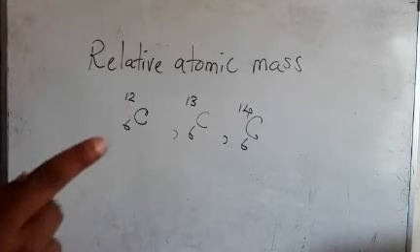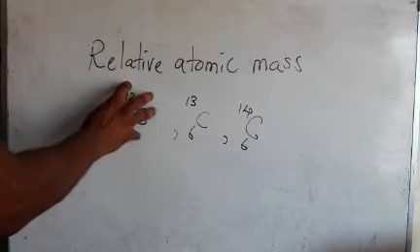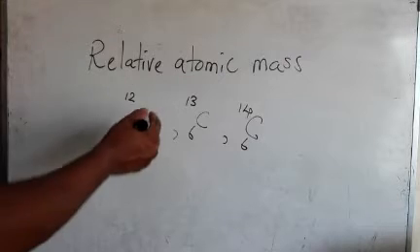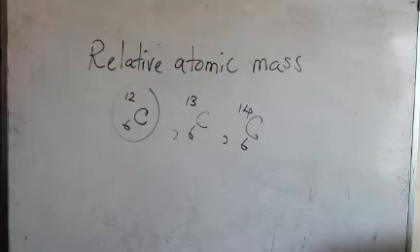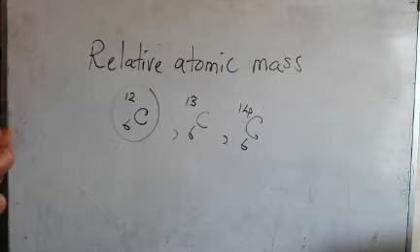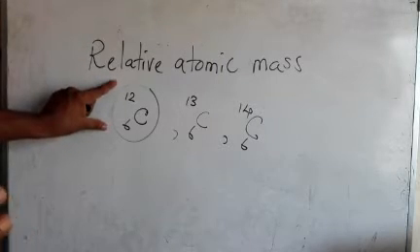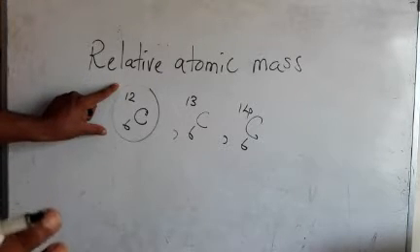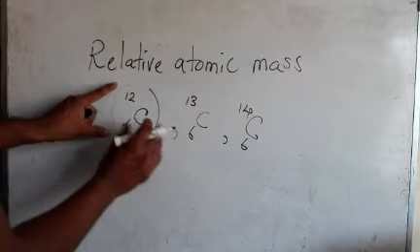So we select this one, the carbon 12 isotope, but the unit is not the mass of the carbon 12 isotope. It is not the mass of one carbon atom.